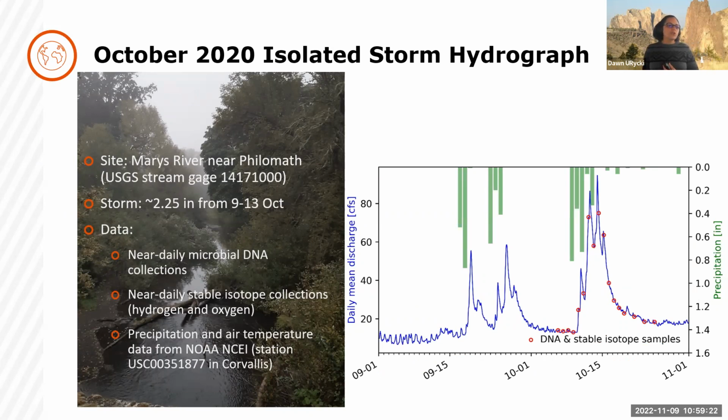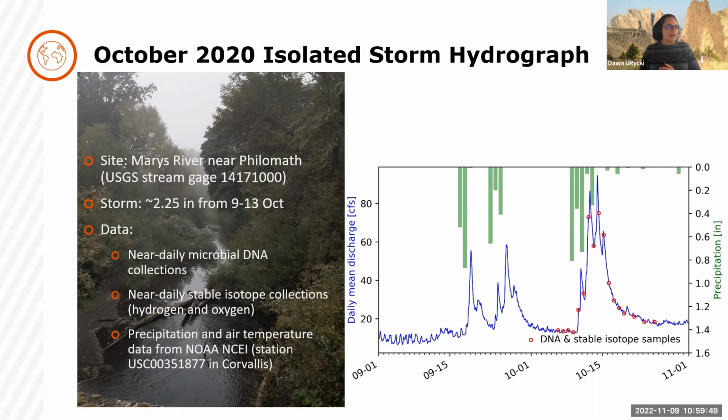And so we're looking at the relationship between microbial community structure in time as it relates to discharge, as a way of, we're hoping, gaining insight about the sources of stream water during event flow conditions, and the contributions and contributing area.